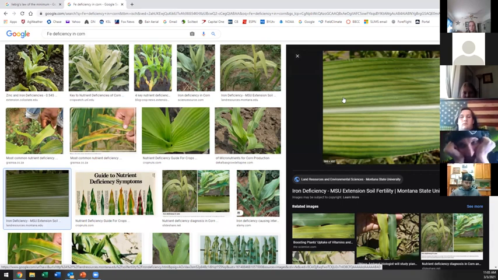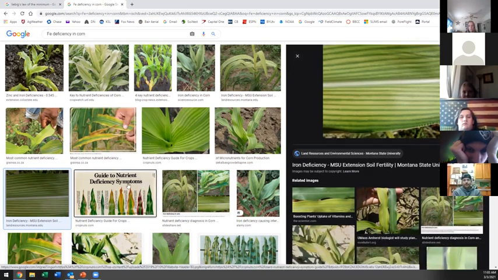You can do it with phosphorus pretty easy. Nitrogen and potassium look somewhat similar, but there's tests out there that we can run on these tissues to help us get a better feel for what the deficiency actually is. Because if we're relying just on the judgment of our eyes, I don't think it works very well.